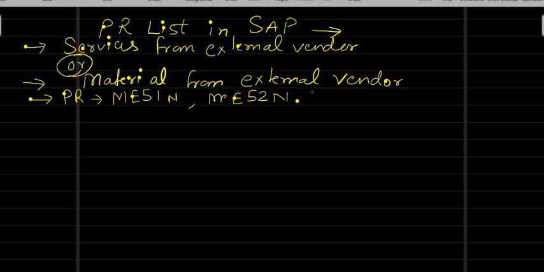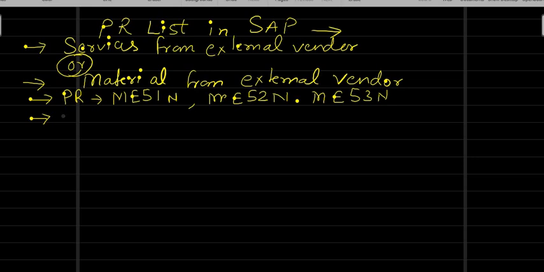Please visit our SAP playlist. To display the PR, it is ME53N. This is the first case where we create the purchase requisition.